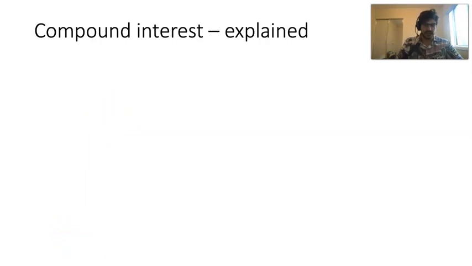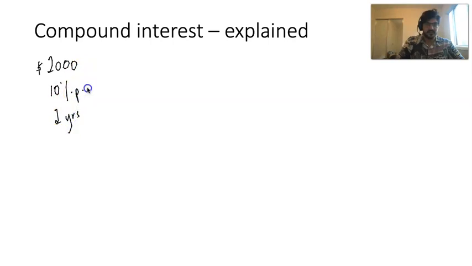Alrighty, so let's get started with a bit of an example that'll help clear things up, I'm hoping. So if we started off with, say, $2,000, and this was gaining an interest of 10% per annum, and we had it in there for 2 years.